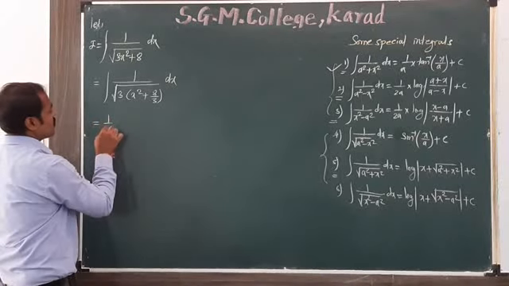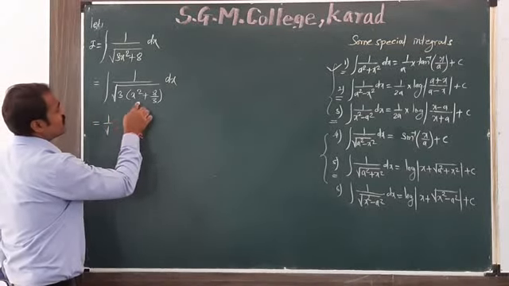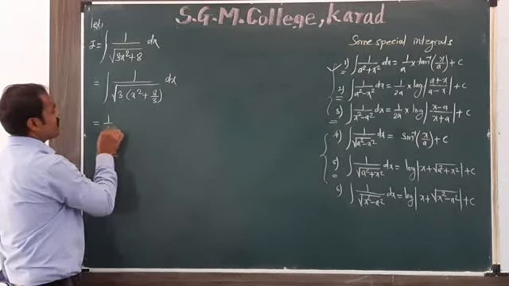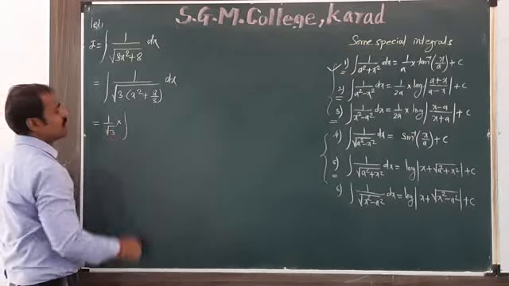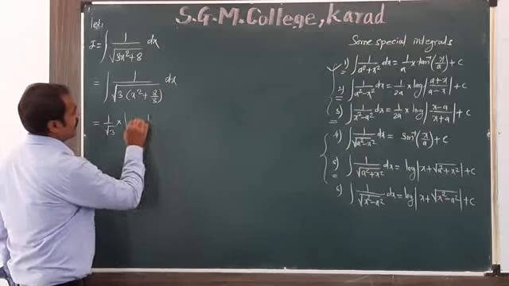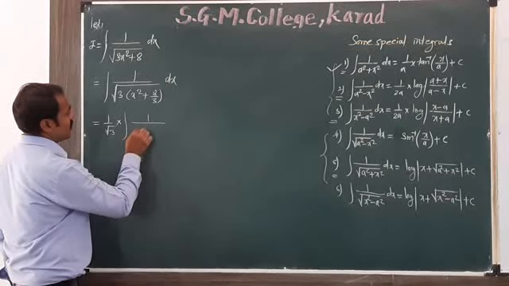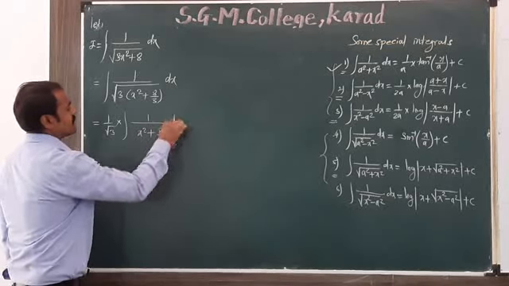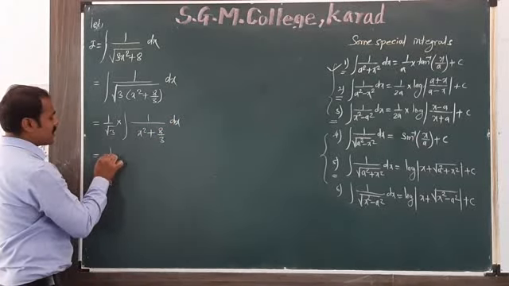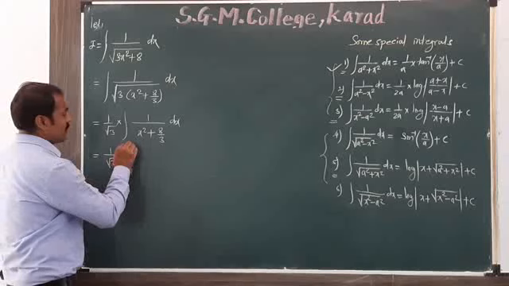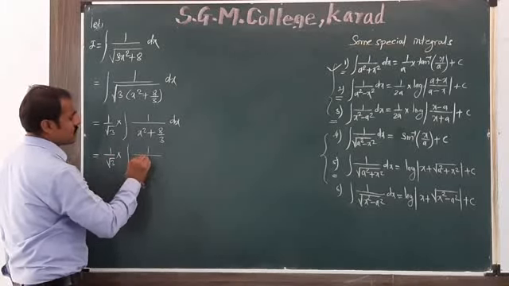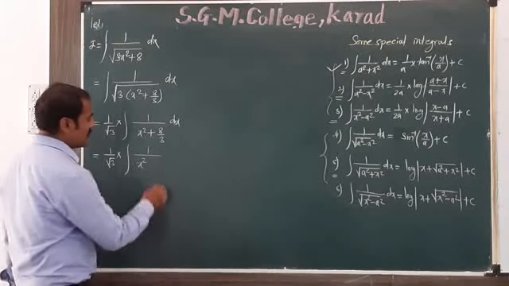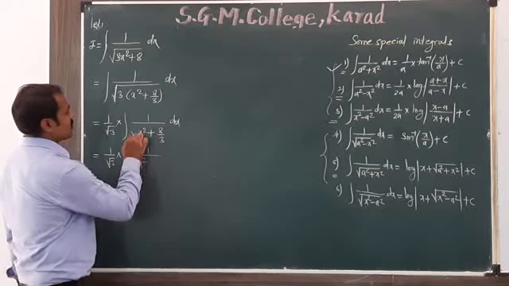So it becomes root 3 into root of x square plus 8 by 3. Root 3 is constant, take it outside the sign of integration, and it becomes integration of 1 upon x square plus 8 by 3 dx, which is equal to 1 upon root 3 as it is into integration of 1 upon, here the first term is variable square, square root is there.